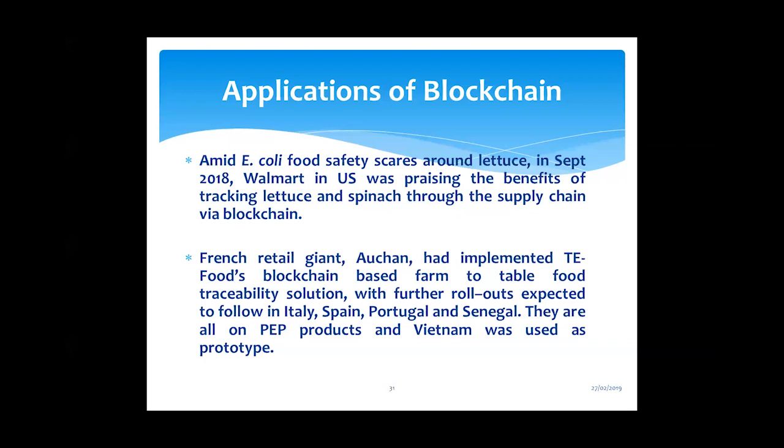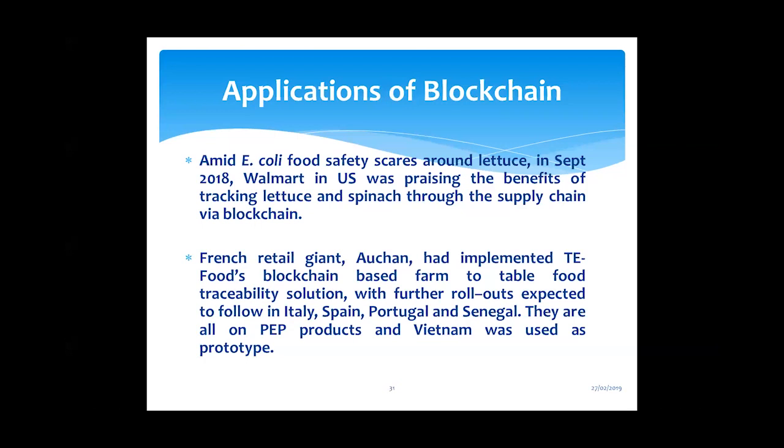And the next example is the French retail giant Auchan, which has implemented the T-Foods blockchain technology that helped trace the food sources, with further rollouts expected to follow in Italy, Spain, Portugal, as well as a part of Africa.